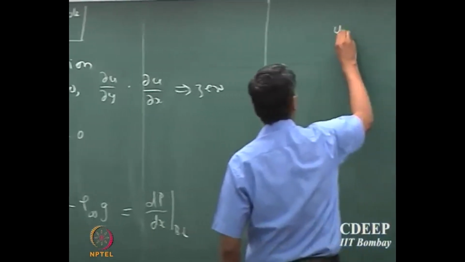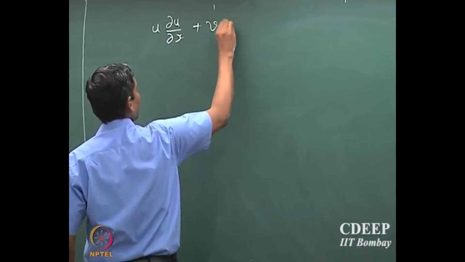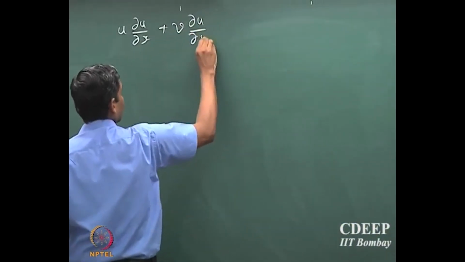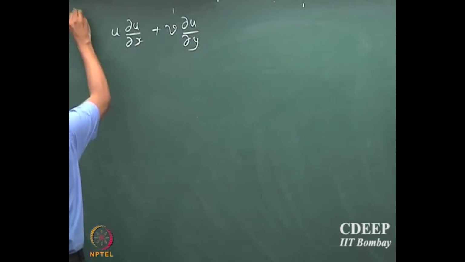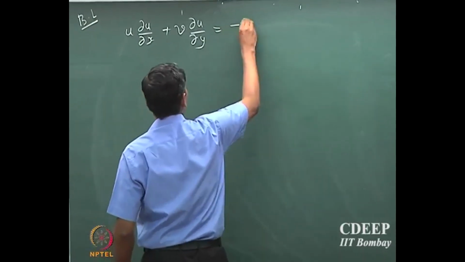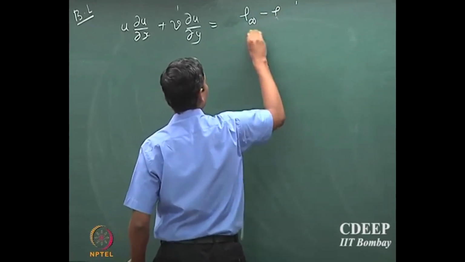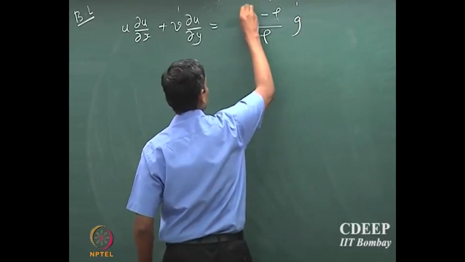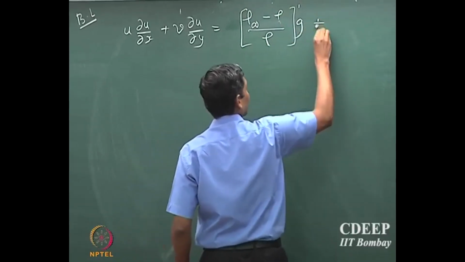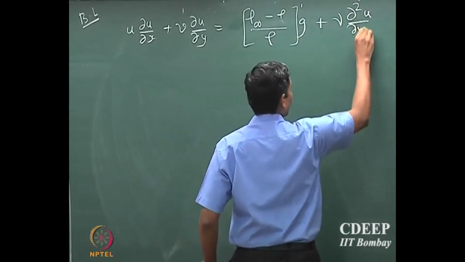Okay. So now if we incorporate that into the momentum balance, we will see u du by dx plus v du by dy. So now I am writing the momentum balance in the boundary layer. Okay, so that should be equal to g times (rho infinity minus rho) divided by rho, plus nu into d square u by dy square.